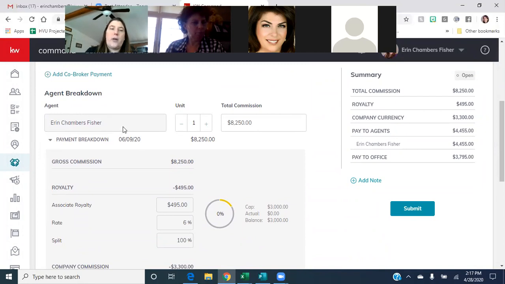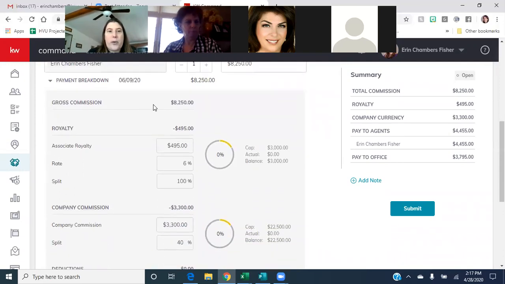So here you'll start to see your agent breakdown, and it obviously will pull yourself over. It'll give you the unit as one, because it's assuming right now that you're the only person on the transaction. However, I'm going to show you how to add another agent to the transaction, because that's a very common thing that we have with teams and partnerships. So it's going to decide the number of units and the total commission. It's going to show you your breakdown, your gross commission, your royalty, which is your franchise fee, your 6%.